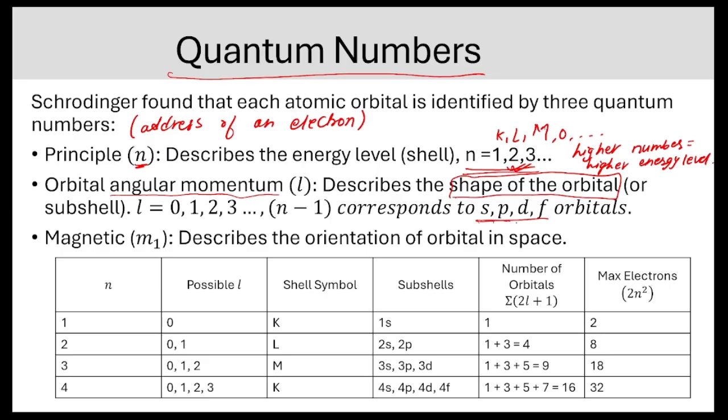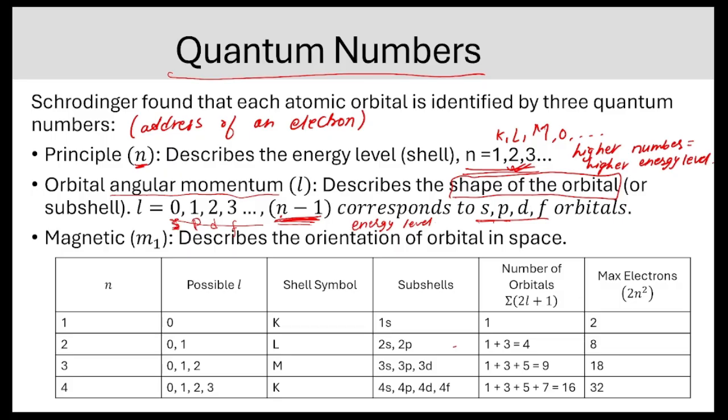The numbers vary like this: 0 is s, 1 is p, 2 is d, 3 is f and so on, and it can go up to n minus 1, where n is the energy level. For the first energy level, n minus 1 is 0, so we will only have the s orbital. For the second energy level, 2 minus 1 is 1, so we will have s and p orbitals.